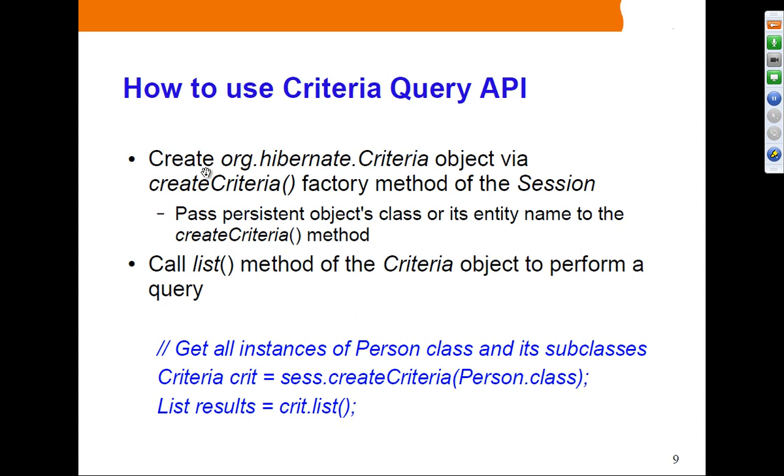You create the criteria object via the createCriteria factory method of the session object, passing the persistent object class or its entity name, and then you call the list method to perform the actual query operation. Criteria.list performs SQL underneath and returns the result in the form of a list. Pretty straightforward. There is no SQL or HQL, no non-Java-like string here.